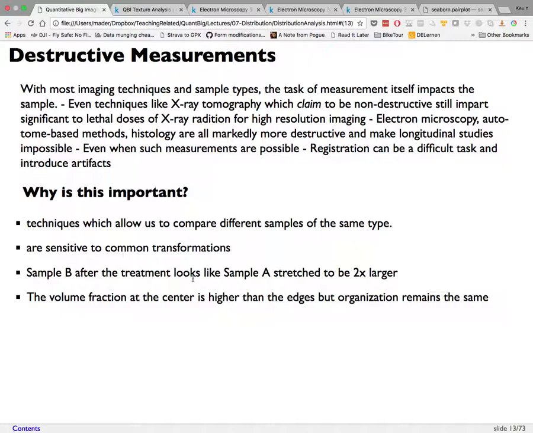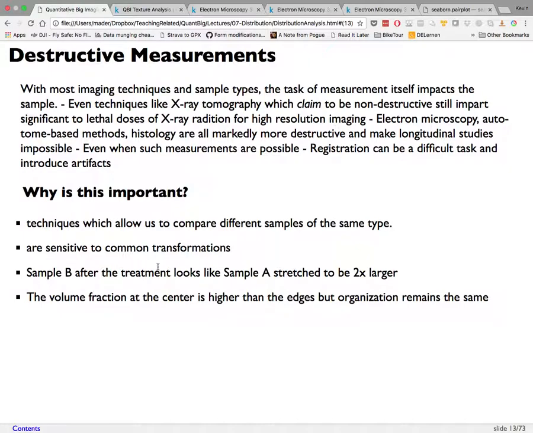So if sample B was bone from a certain mouse, and sample A was a bone from the parent strain of this mouse, and you knock out a gene, you want to be able to say, clearly the bones are not identical. We don't expect to be able to match up points in one bone to another bone.